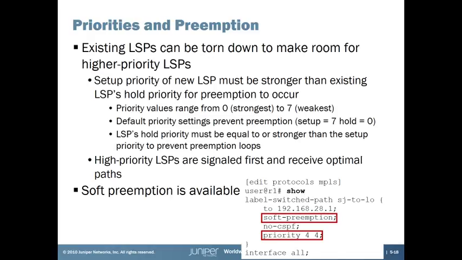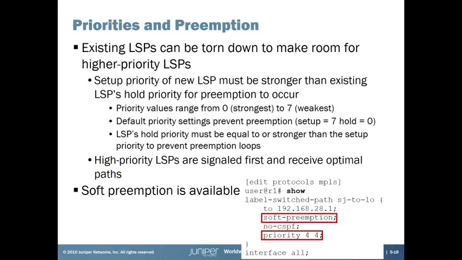What does that mean? The setup is the weakest possible and the hold is the strongest possible, which means that no LSPs can ever be preempted by any other LSP. So no new LSP can ever tear down an existing LSP. And that's the default. Okay, now you get to change the default. Of course, you can configure that.